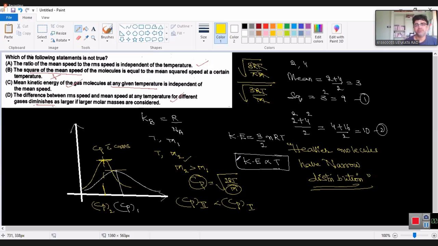And we know Cp, C bar and CRMS lie in the vicinity. They are in the ratio 1 is to 1.124 is to 1.228. All of them are very nearby. When the peak is broad, the difference between the speeds is a little high. When the peak is narrow, the difference between speeds is small, almost diminishes. So option D is also correct.